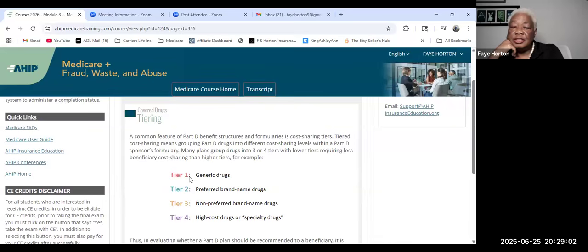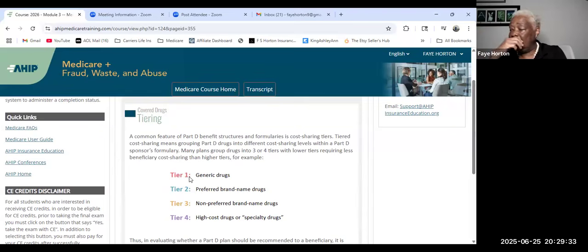For covered drugs and the tiering, a common feature of the Part D benefit structure and formulary is cost-sharing tiers. Tiered cost-sharing means grouping Part D drugs into different cost-sharing levels within a Part D sponsor's formulary. Many plans group drugs into 3 or 4 tiers, with lower tiers requiring less beneficiary cost sharing than the higher tiers.